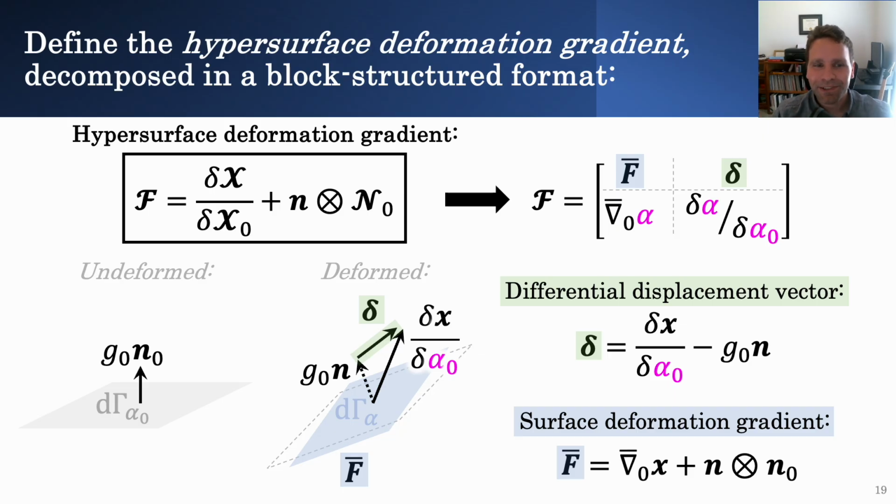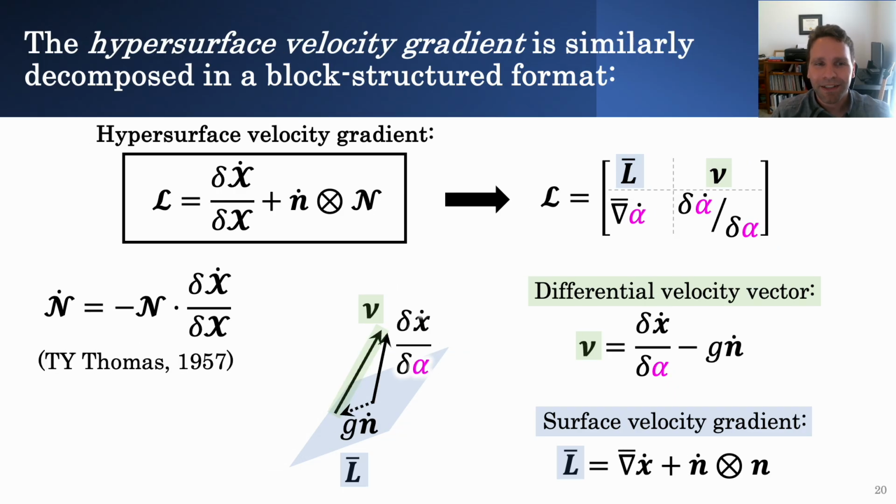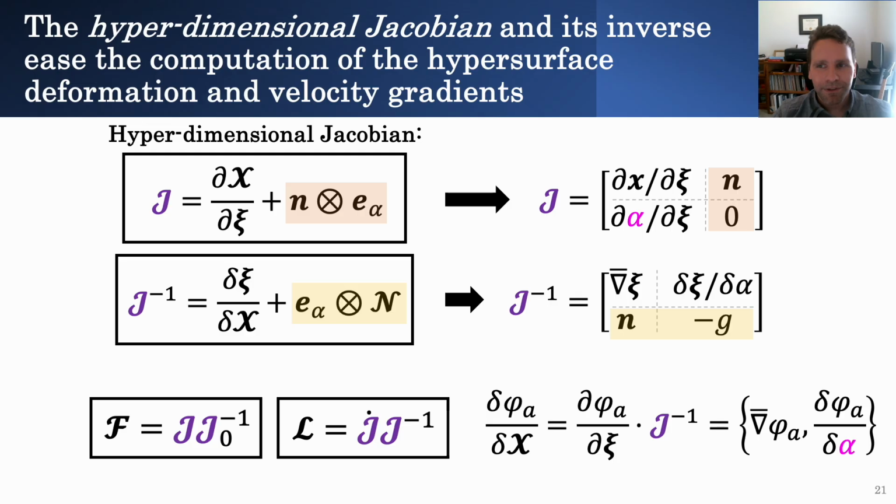Using this hypersurface deformation gradient, I can also define a corresponding hypersurface velocity gradient, similarly defined using this hypersurface gradient operator, and using similar terms: a surface velocity gradient, again measuring the rate of deformation in the plane of a particular level surface, and the differential velocity vector giving me the rate at which those two surfaces are separating or slipping past each other, in terms of the normal and tangential components of that vector.